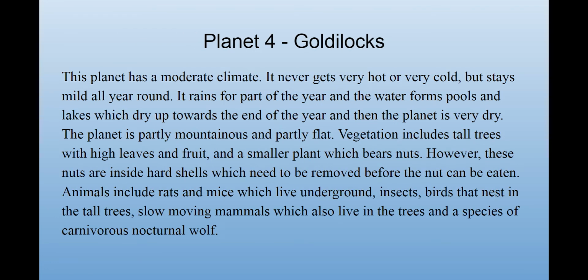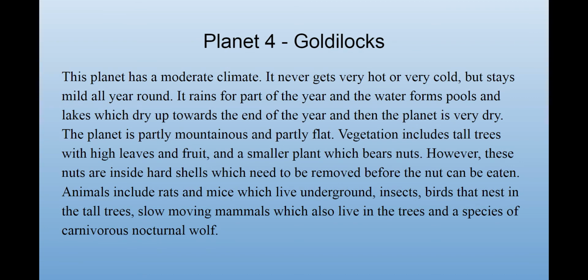Planet 4, the Goldilocks world. This planet has a moderate climate, never too hot, never too cold, but stays a mild temperature all year round. It rains for part of the year, and the water forms pools and lakes, which dry up towards the end of the year when the planet is very dry. The planet is partly mountainous and partly flat. Vegetation includes tall trees with high leaves and fruit, and a smaller plant which bears nuts.